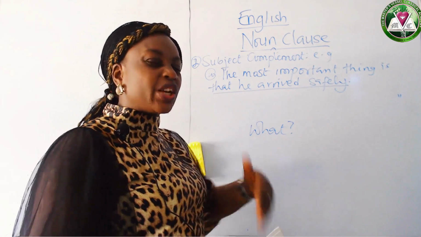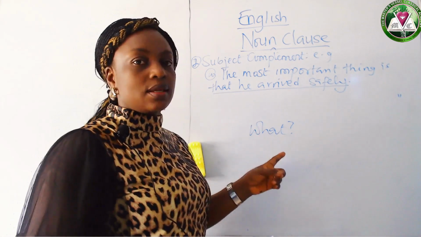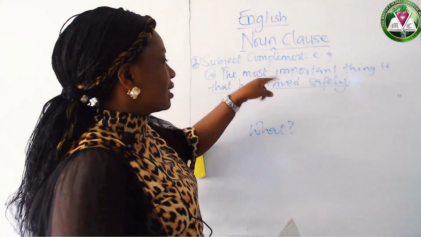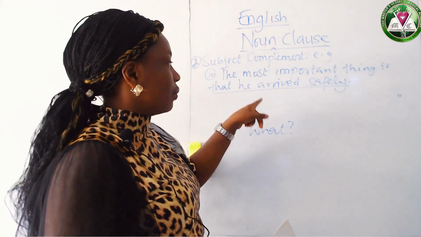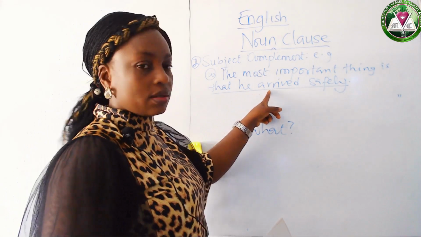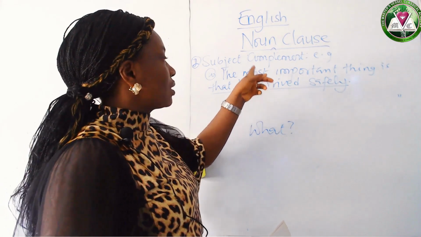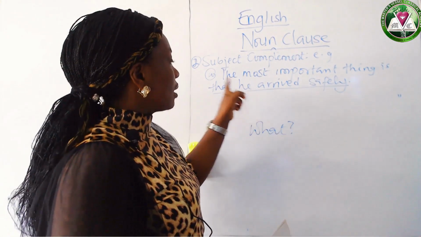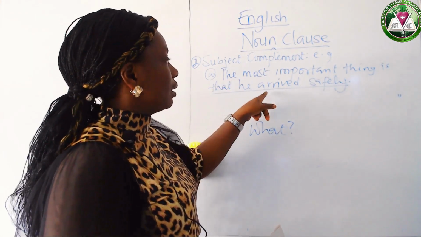It functions as the object of that sentence. But in subject complement, what we are saying in the subject is also the same thing we are saying in the noun clause, or who we are talking about in the subject should be the same person as the one we are talking about in the noun clause.